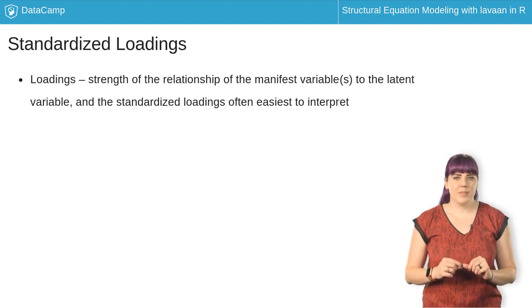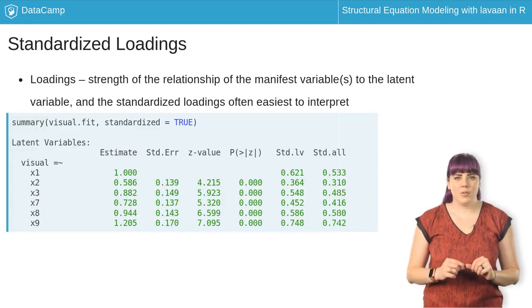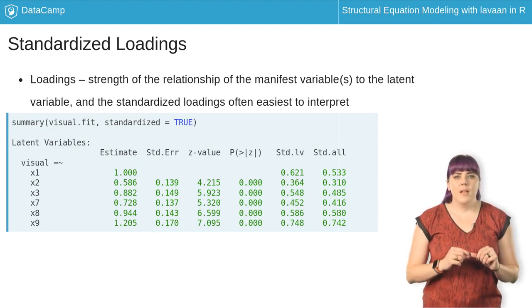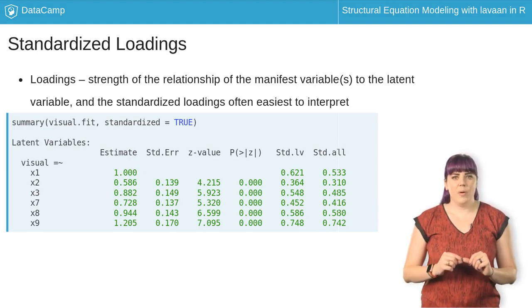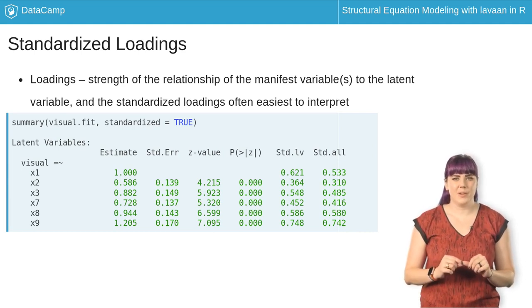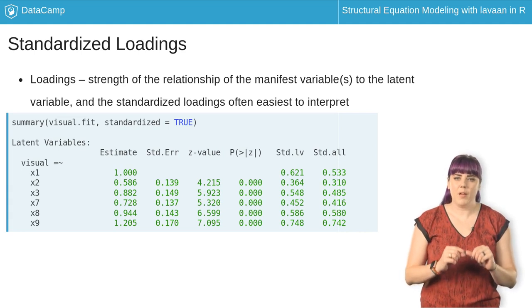In the parameter estimates section, we can examine our loadings of the manifest variables on the latent variable. The estimate column shows us the coefficients in the scale of the data, but it's often difficult to know what to think of the scale marker variable.